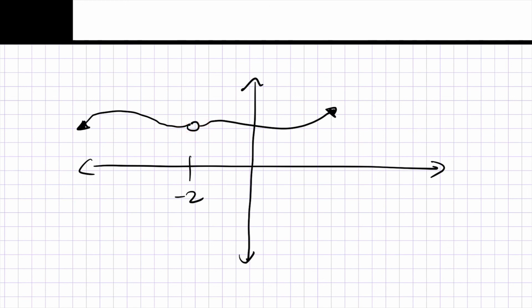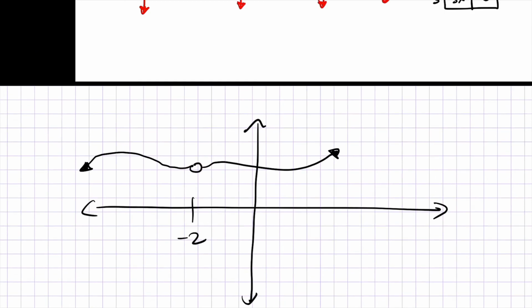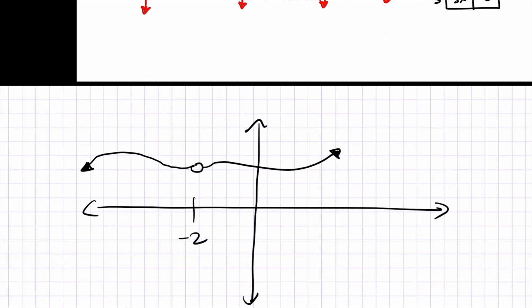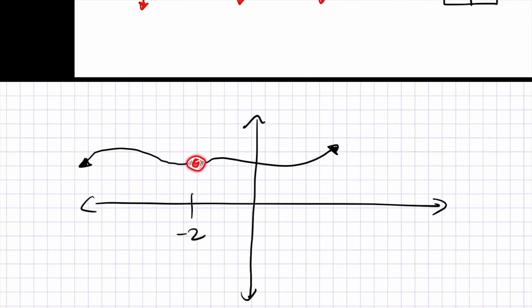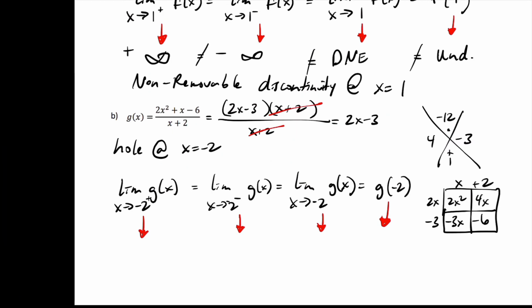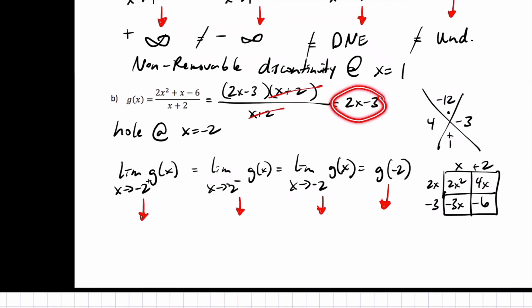We need to figure out where it's defined, right? So if I plug in negative 2 here, we said that it's going to give me undefined. That's what's causing the hole there. So then, like Arthur said, when we plug in negative 2, we're going to plug it in here. What do we get as an answer?